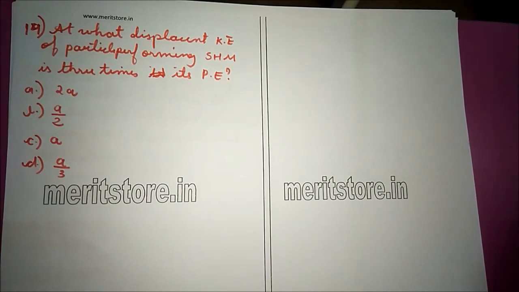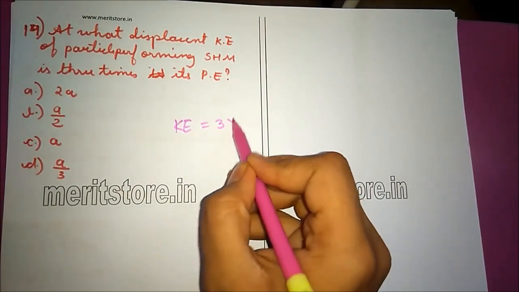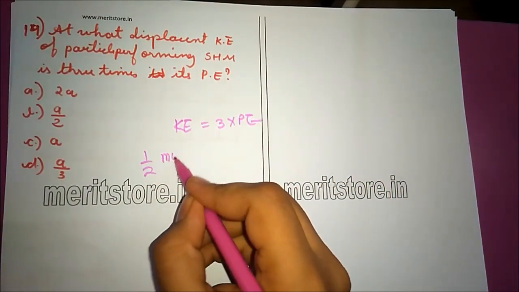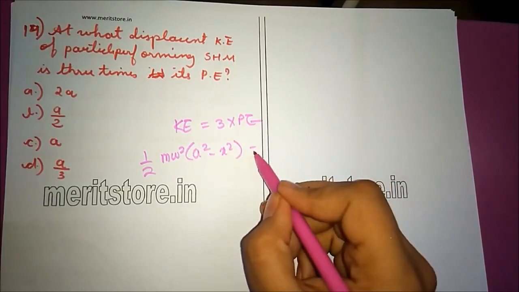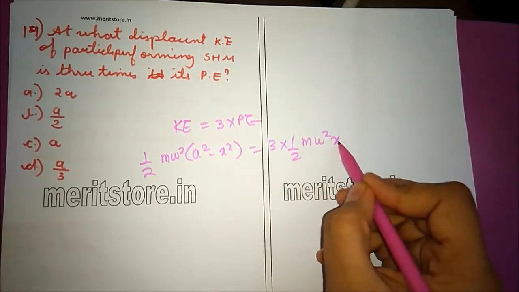Question 19. At what displacement kinetic energy of a particle performing SHM is 3 times its potential energy? Now to solve this question, we know kinetic energy is equal to 3 times potential energy as given in the condition. So half m omega square (a square minus x square) is equal to 3 into half m omega square x square.